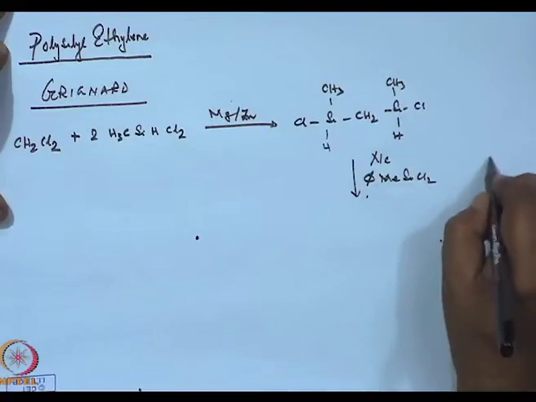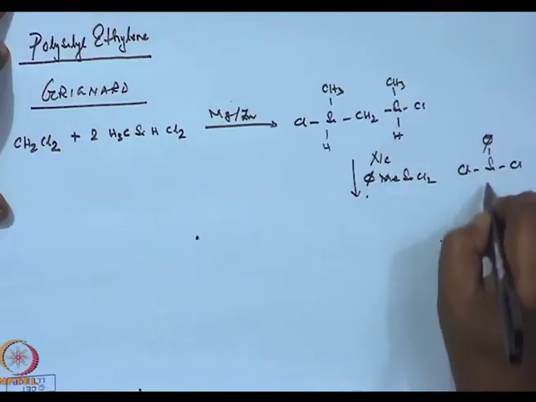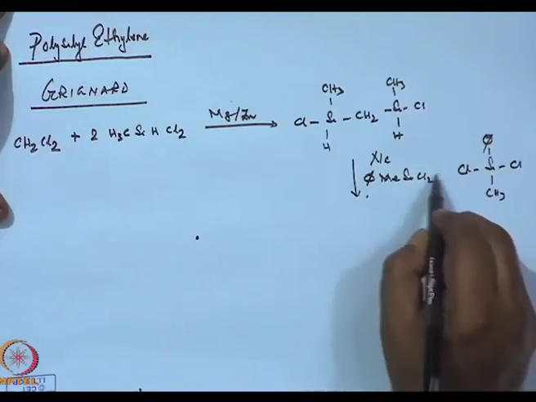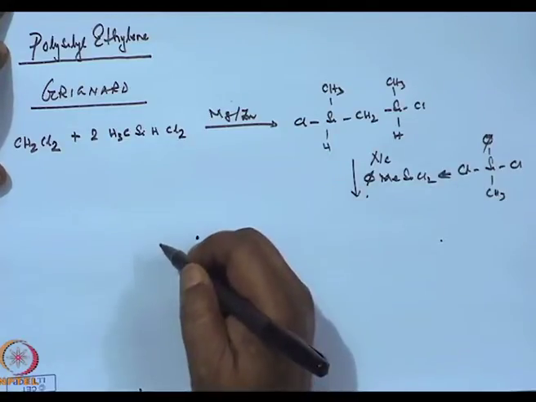This is basically SiCl, Cl, benzene, CH3, this particular compound. What would I get?